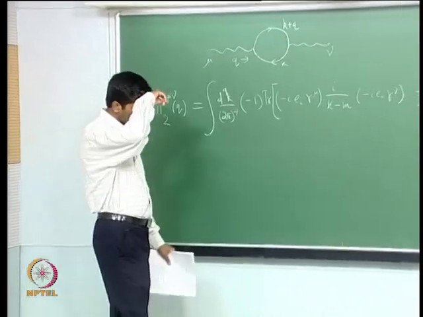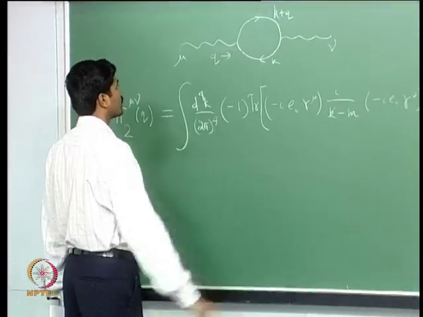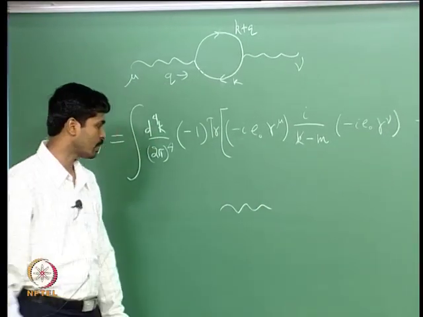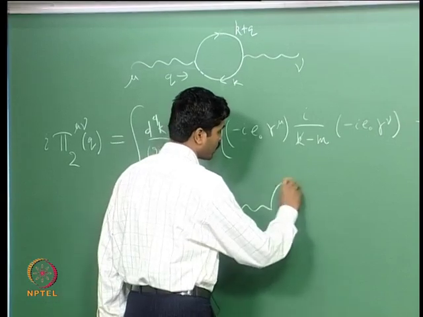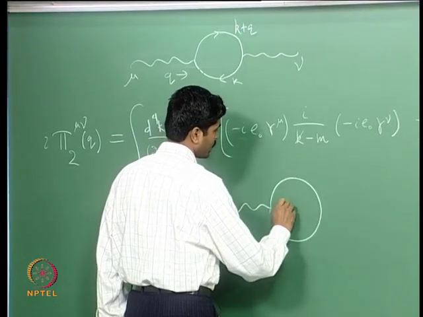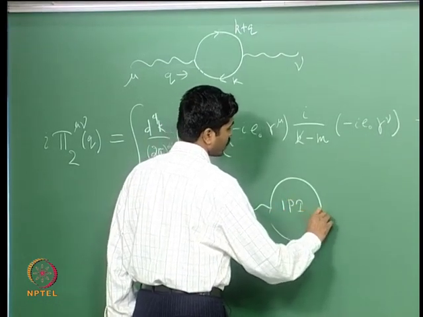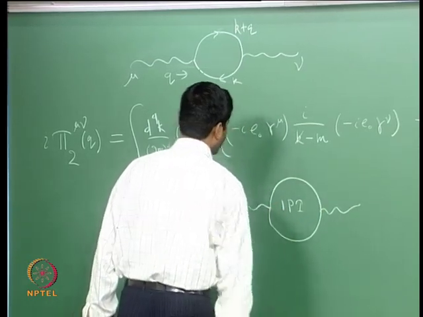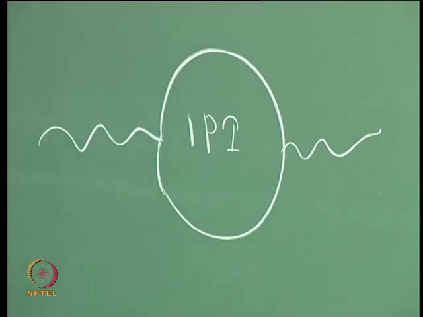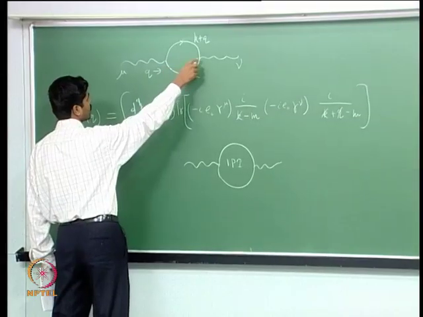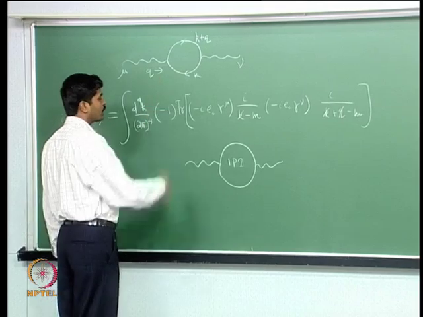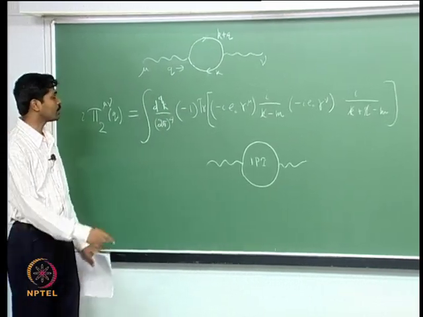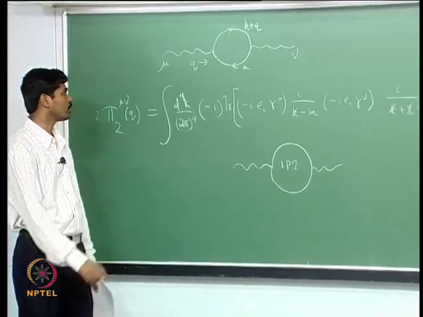As usual, we will denote all the one particle irreducible diagrams like this. I will write here 1PI. This will be all diagrams which are irreducible, in the sense that if you remove any of these internal lines, the diagram is not separated into two parts.